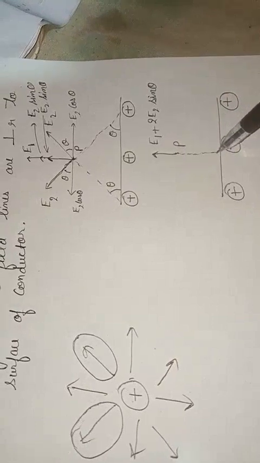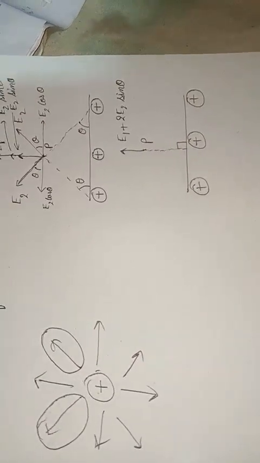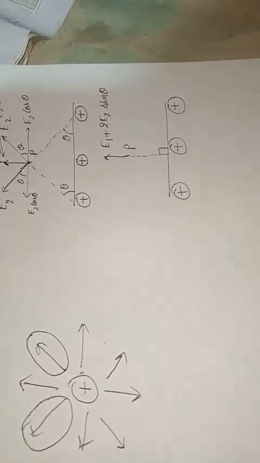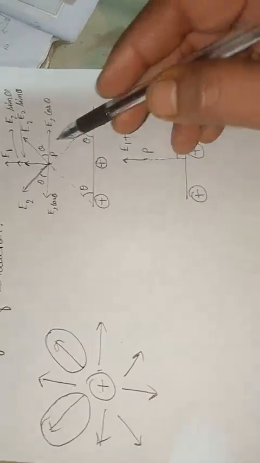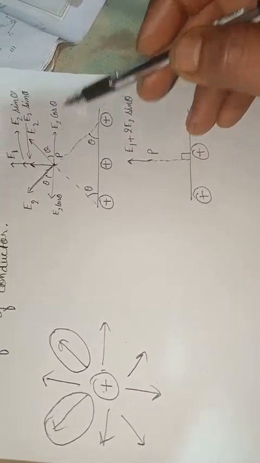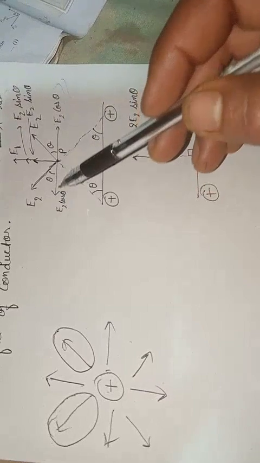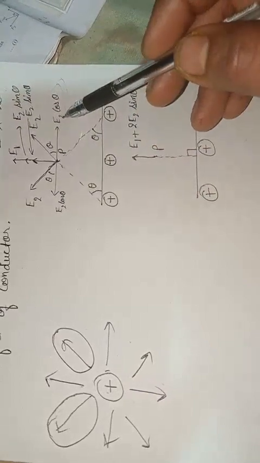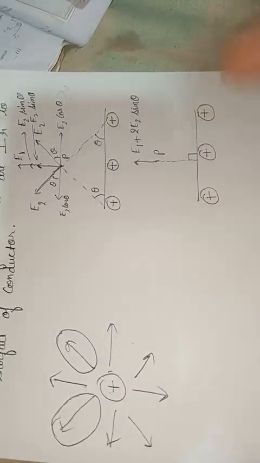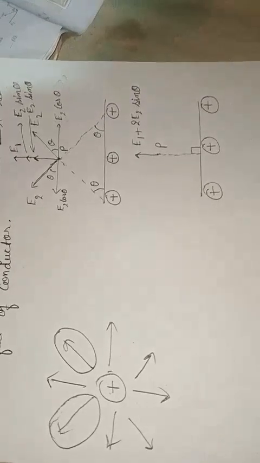So we can say that this electric field will be perpendicular to this plane sheet of charge. Here we can see these E2 cos theta components cancelling out each other. These horizontal components are also called tangential components.